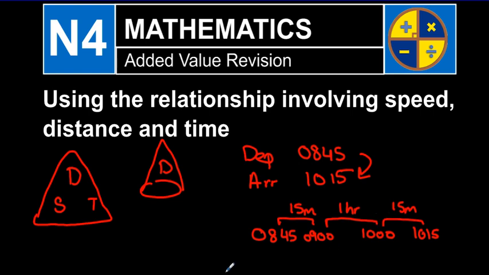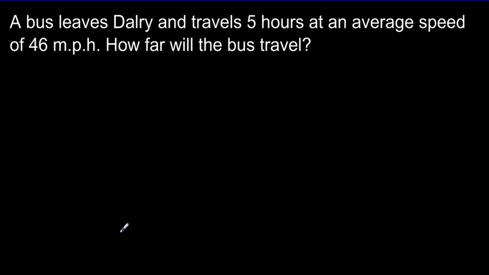Let's look at an example of a question or two though. So, a bus leaves Dalry and it travels for 5 hours at an average speed of 46 miles per hour. How far will the bus travel? So let's look at our three variables. We have distance. Looking at this question, I don't actually know what distance is. It's asking me what distance is.